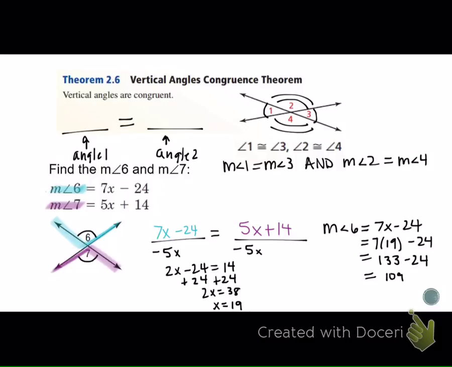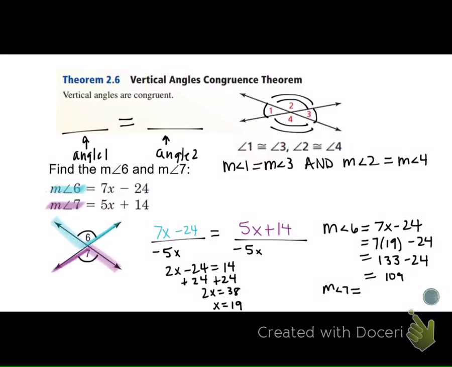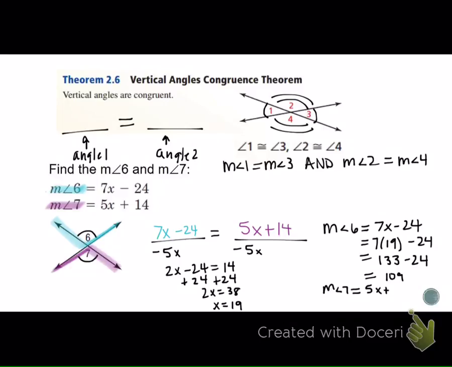And the measure of angle 7 is 5x plus 14.